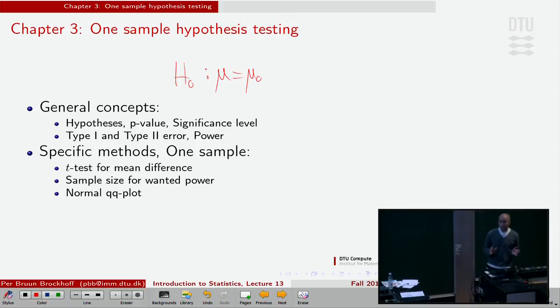We can test that hypothesis by computing a test statistic that measures the difference between the hypothesis and the data. I put up a hypothesis, and I use my data to evaluate whether I'm far away from the hypothesis or not. If my data is far away from the hypothesis, I don't believe the hypothesis. If my data is close to the hypothesis, I believe the hypothesis.